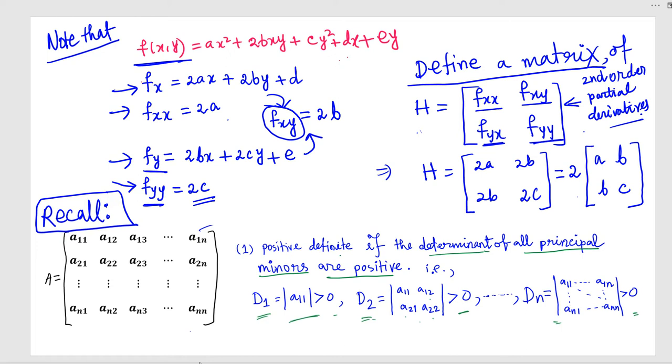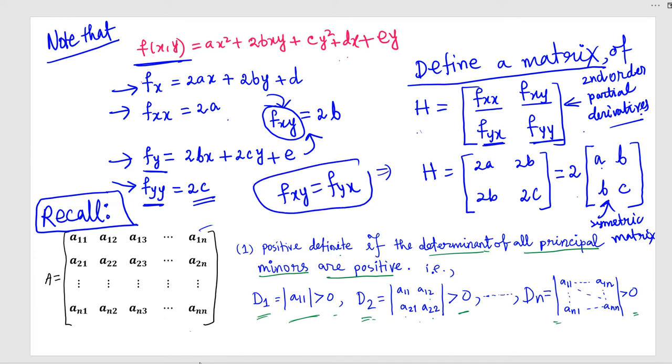Now, as you can see, this matrix is actually a symmetric matrix. Why? Because in our case, this is a continuous function, so f x y and f y x are equal. So that is why we have got this. So see, this is a symmetric matrix.